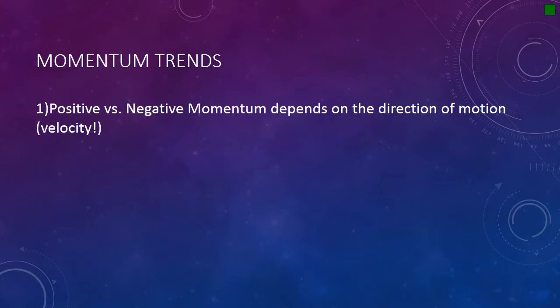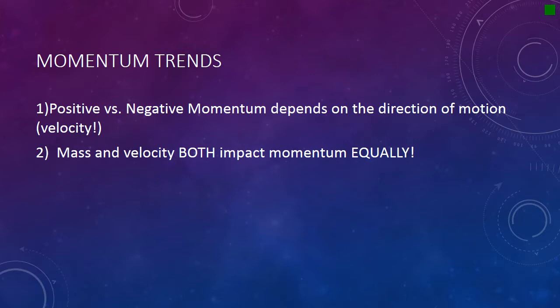If something has a small momentum in the positive direction, it will have a smaller velocity than something with a large momentum in the negative direction. So just remember that positive and negative at the beginning of your answer just has to do with direction. It doesn't have to do with magnitude.